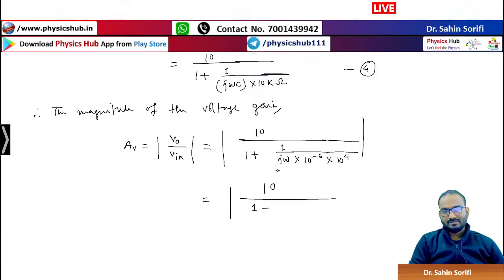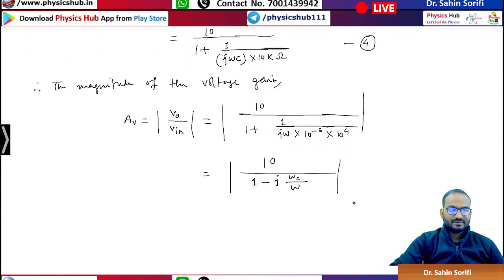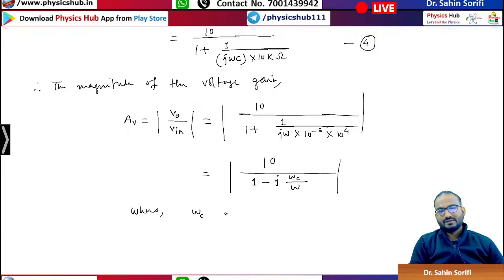One minus 1 by J is equal to minus J. And you see it has omega in the denominator. Like 1 by 10 to the minus 6, 10 to the power 4, we can call it omega C, where this omega C is 1 upon 10 to the power minus 6 into 10 to the power 4.